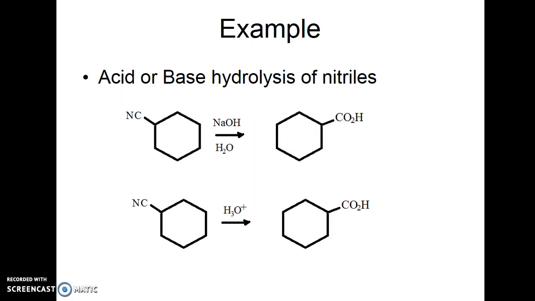So you wouldn't want to use tertiary at all. Okay, let's look at acid or base hydrolysis of nitriles. You can see that we can use either base to hydrolyze a nitrile, or we can use acid to hydrolyze a nitrile. You pick whichever set of conditions would give the least interference with other functional groups on the compound.